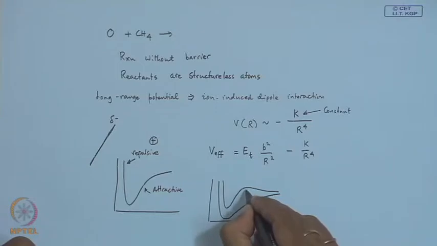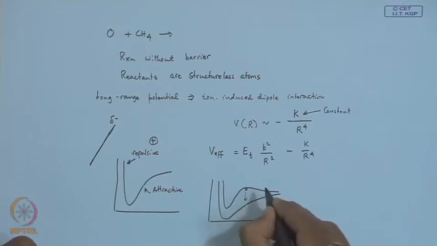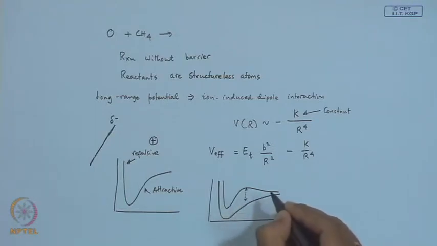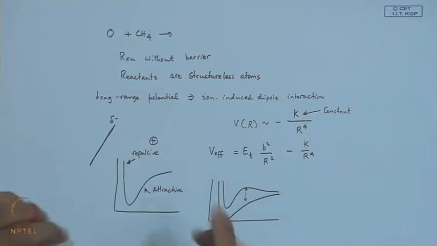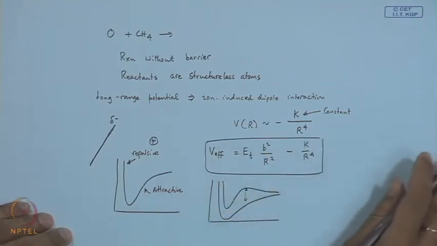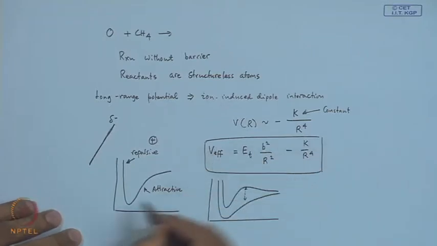So this is the additional barrier, because of the centrifugal force that is operative. That is referred to here as your centrifugal barrier. So even if there is no potential barrier, a centrifugal barrier must be there. That is why this expression, V effective, will be like this.